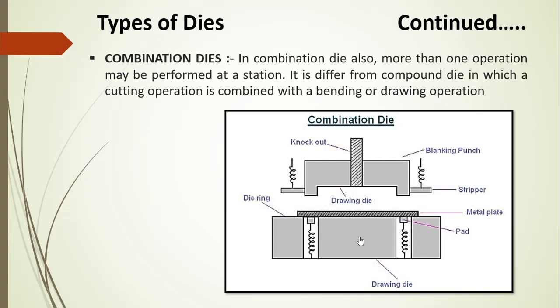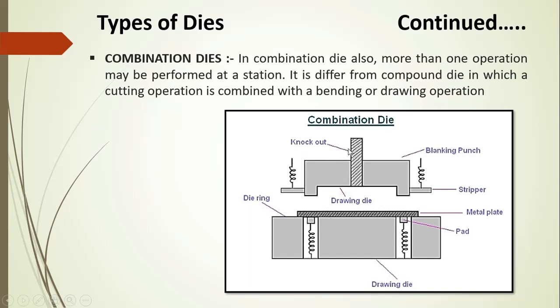Next one is called a combination die. In the compound die we manufactured the washer. In a combination die also more than one operation may be performed at a station, but it differs from the compound die in that the cutting operation is combined with bending or drawing operation. If you observe the shape of the punch, it is convex.